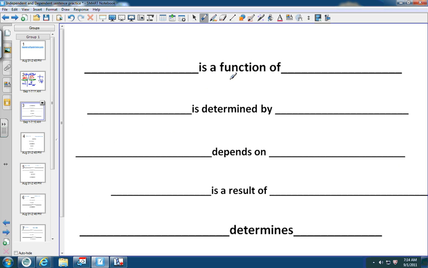Okay, so with that said, blank is a function of blank. Well, that kind of confuses some people. Let's go down here and look at depends on. You're going to have the dependent depends on the independent.